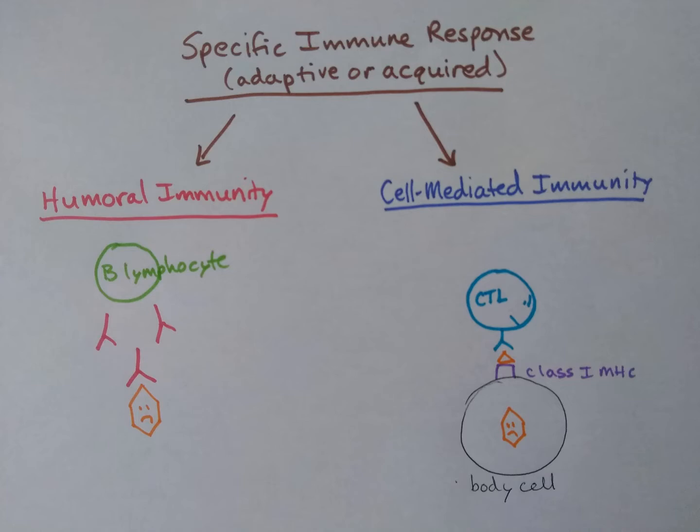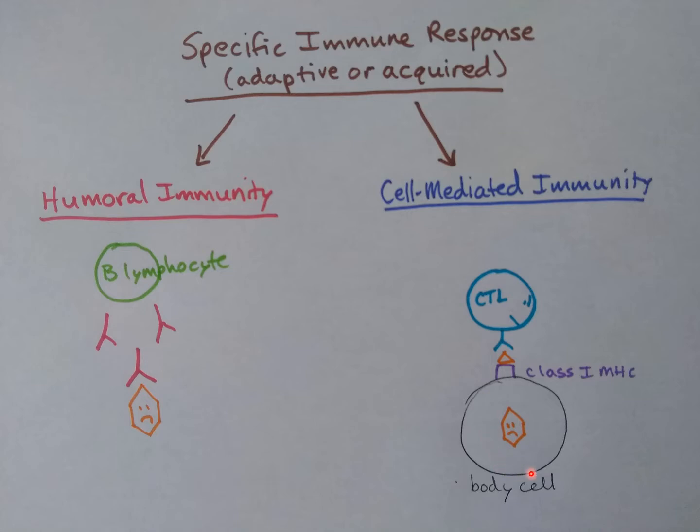So here's just the picture of the specific immune responses, and we can divide that into two branches. We've got humoral immunity involving our B lymphocytes, which make antibodies, which will bind to pathogens that are out in the body fluid. So here's like a virus. And cell-mediated immunity is going to involve the cytotoxic T lymphocytes, and they will go around and check for their match.